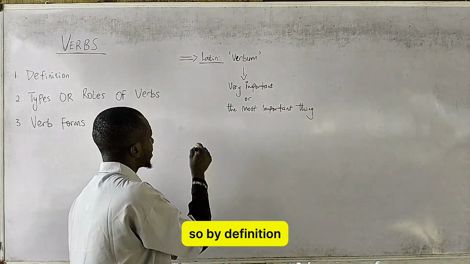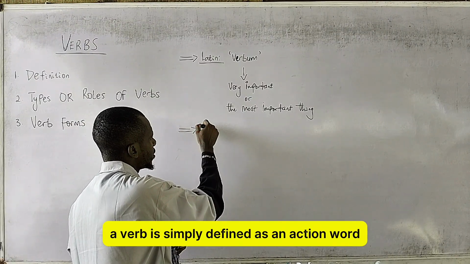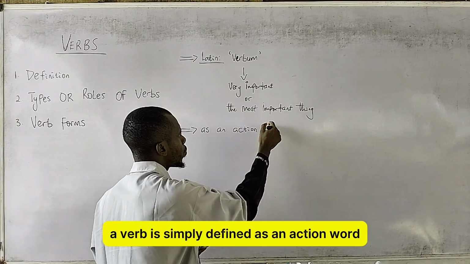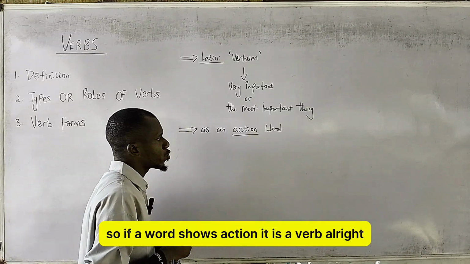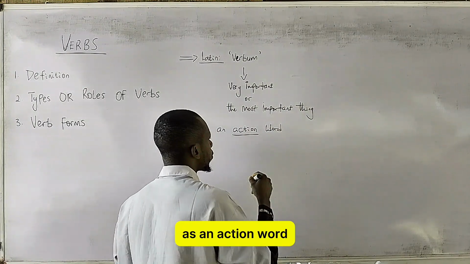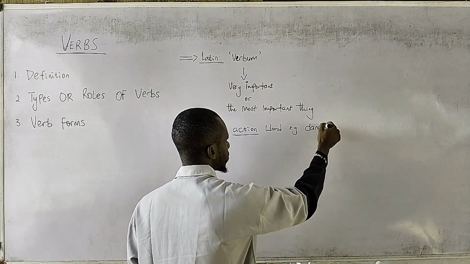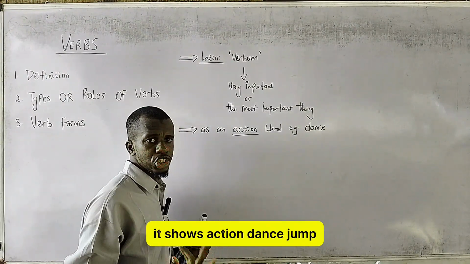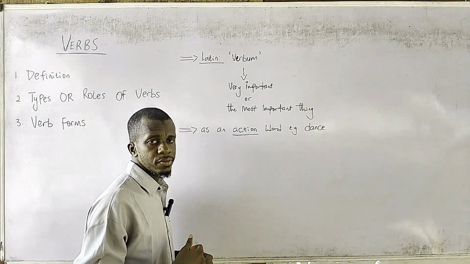By definition, a verb is simply defined as an action word. So if a word shows action, it is a verb. For example, dance. This is a verb. It shows action: dance, jump, shout, sit, run, walk, go, come, laugh.